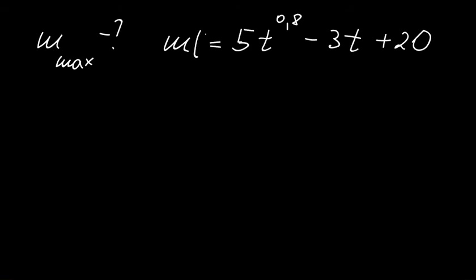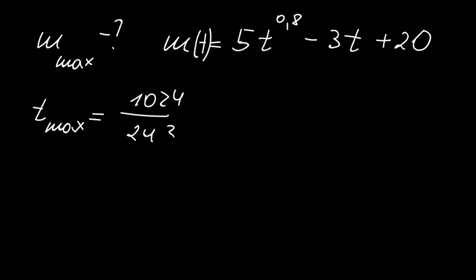So this was m of t, and we got that this function reaches its peak at this value when t is approximately 4.21 seconds. However, I don't want to approximate this because it will give me a more accurate answer.